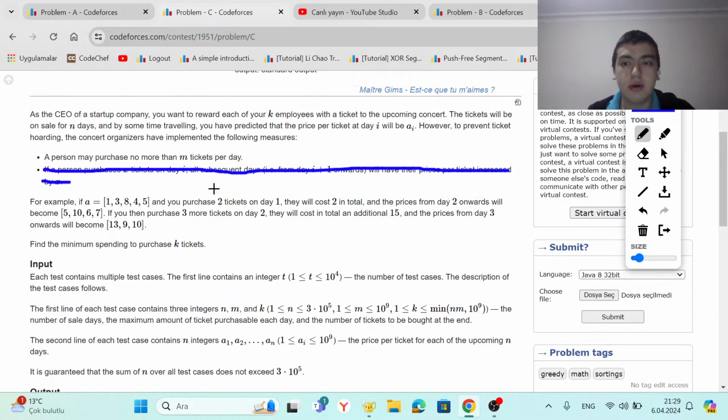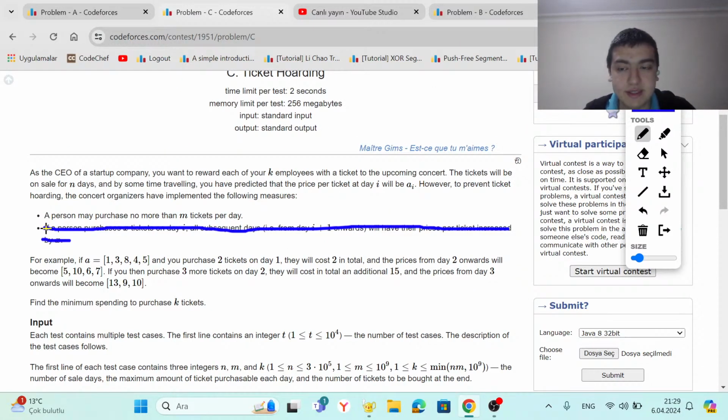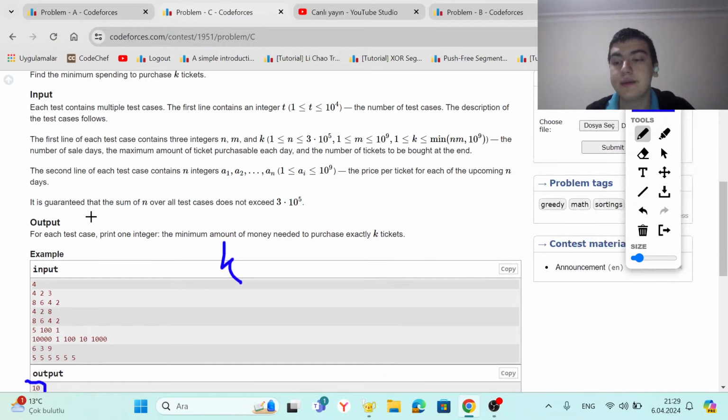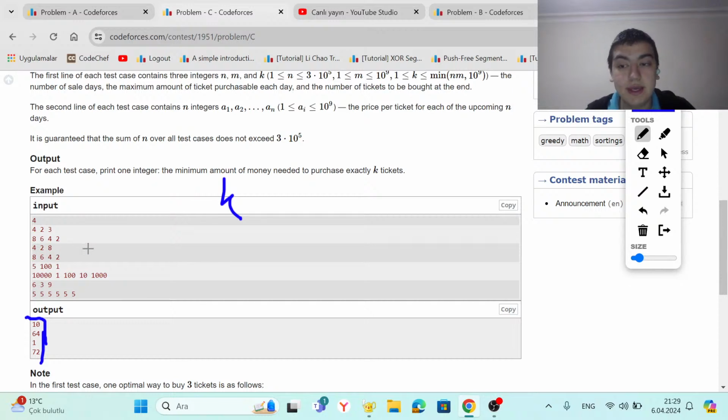So how can we solve the problem when this sentence does not exist? We can choose the minimum numbers so that we find the minimum answer.